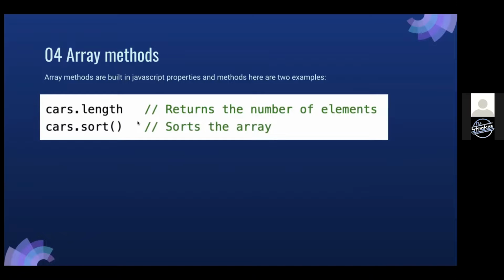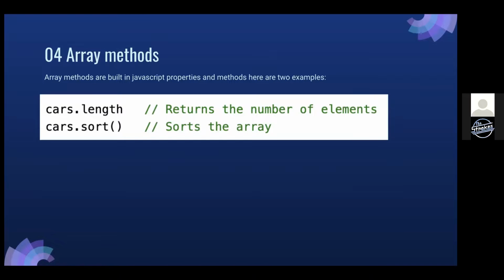Another big thing about JavaScript is there's this really cool topic called array methods. So array methods are built-in JavaScript properties and methods, and here are two examples. So we have cars.length returns the number of elements, and cars.sort sorts the array. So let's say you have an unordered array of integers, numbers 1 through 10, but they're out of order.